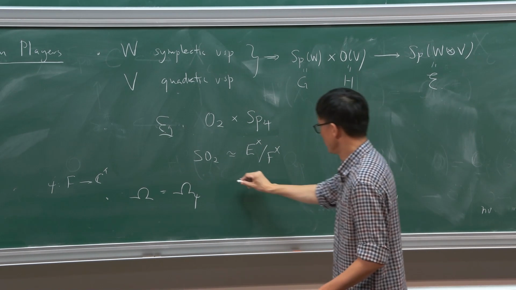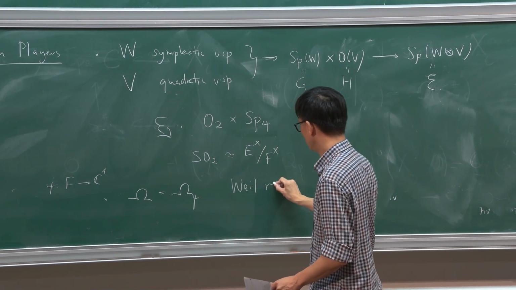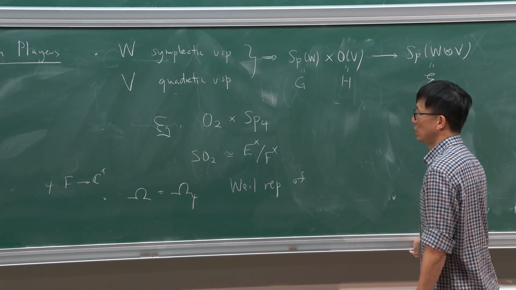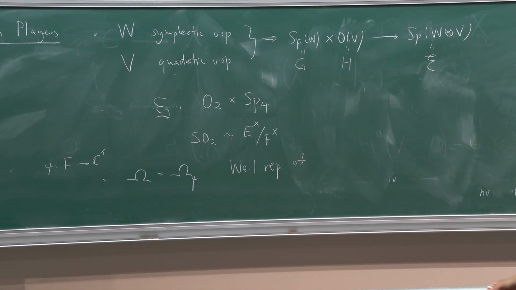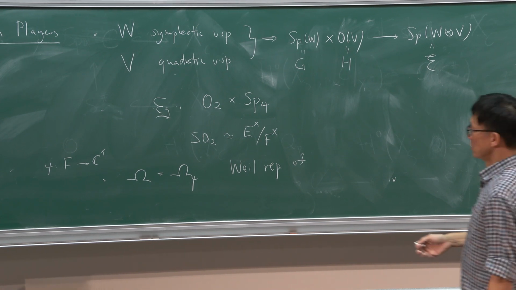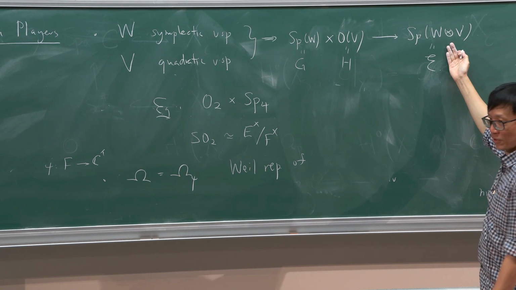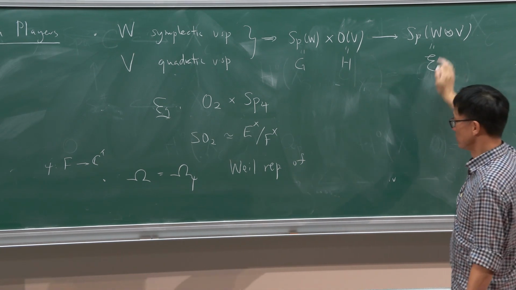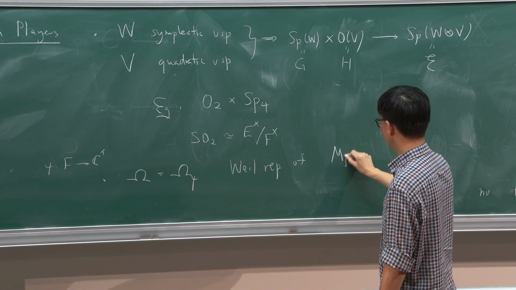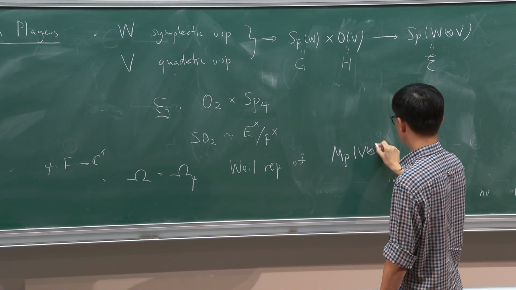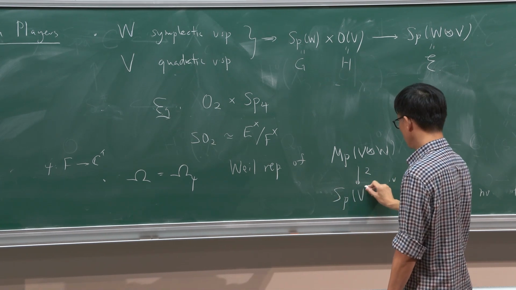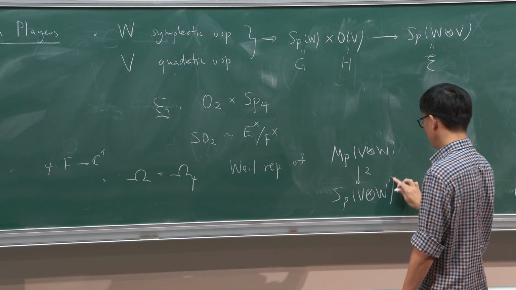It's what people call a Weil representation. Unfortunately or fortunately, it is not a representation of this group, but of a double cover.